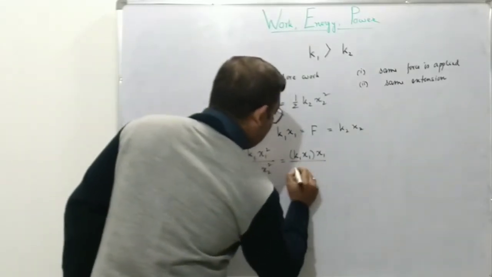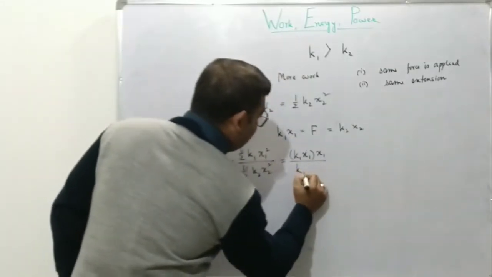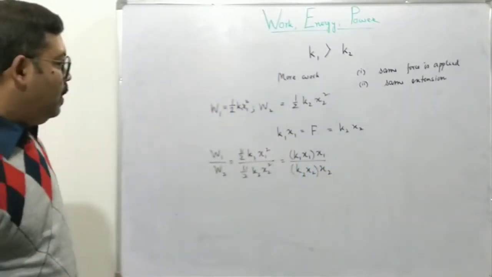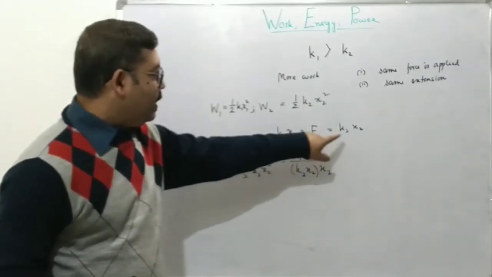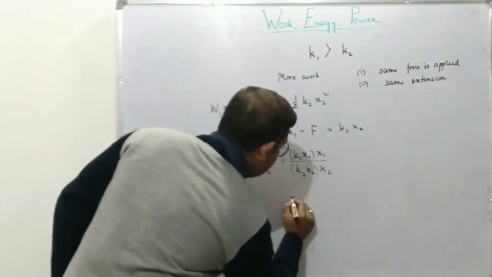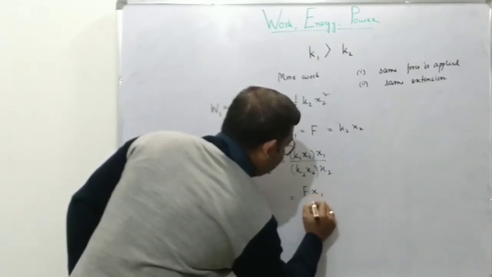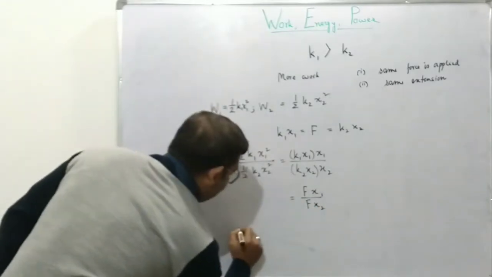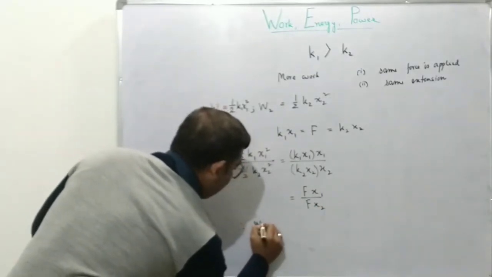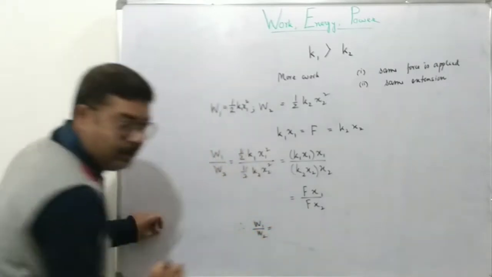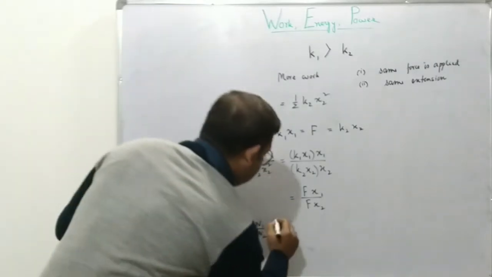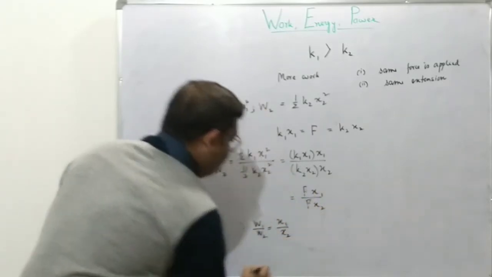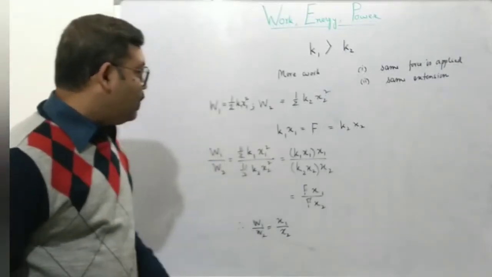Similarly, in the denominator, K2 X2 multiplied by X2. But we have just found that K1 X1 is F and K2 X2 is F. So we can rewrite this as F into X1 and F into X2, which upon simplification will give us W1 by W2 equal to X1 by X2.